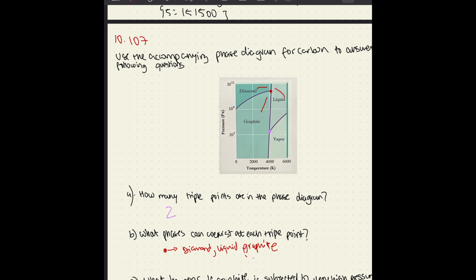And then the other is vapor, liquid, and graphite. So at the highest pressure it's gonna be diamond, liquid, graphite, and at the lowest pressure, vapor, liquid, and graphite. Okay.